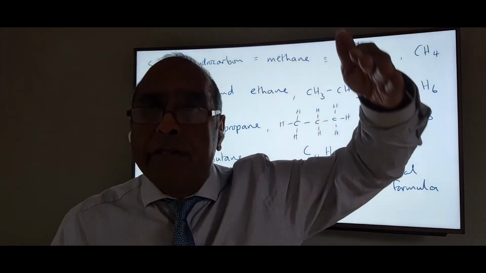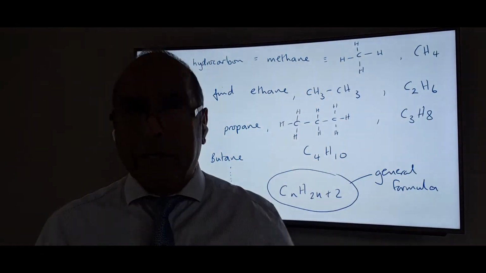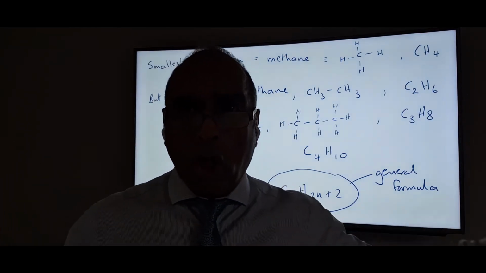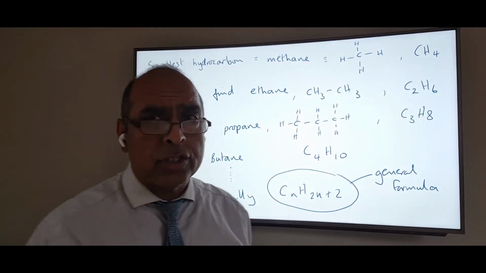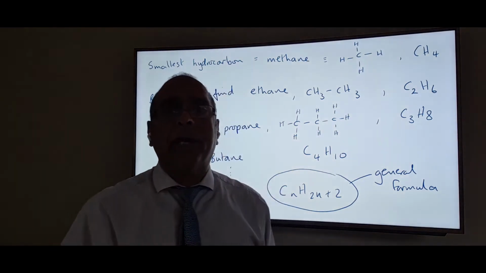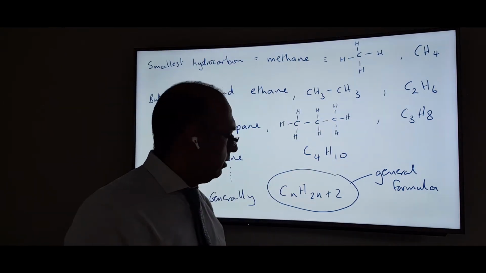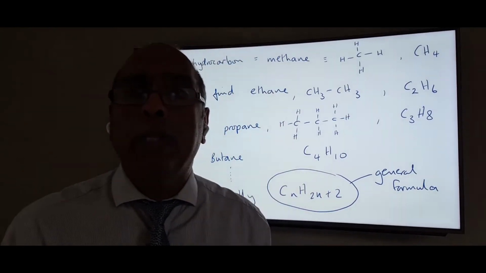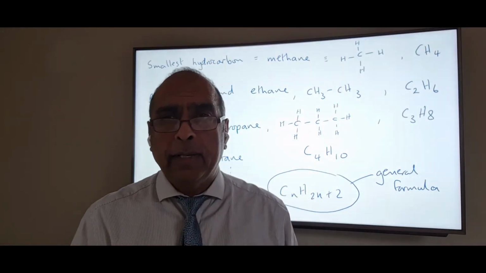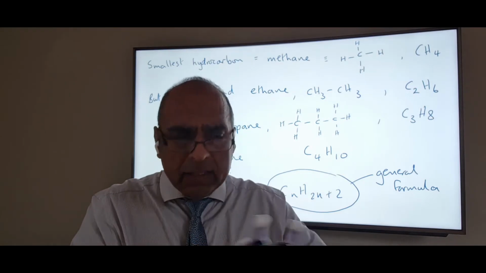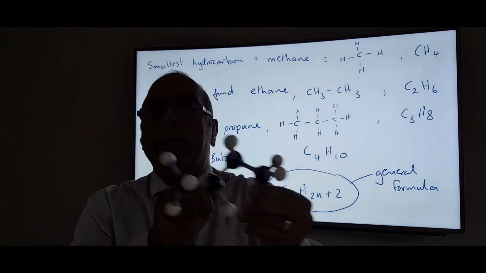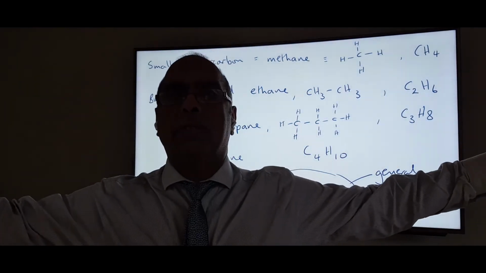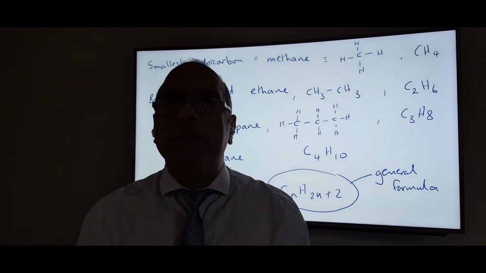And the further down you come that fractionating column, the longer the chains of carbon atoms. At the bottom, fractions like bitumen have not just 4 carbons, but 50 carbons. Really long chains.